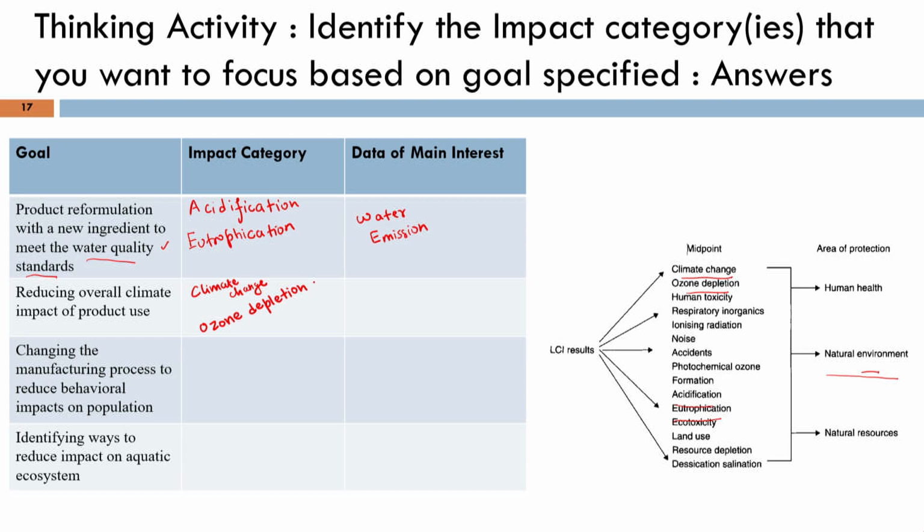The next goal is changing the manufacturing process to reduce behavioral impacts on population. This is a very important challenge, because a lot of the time we do not account for the impact of the manufacturing process on workers who are working in the factory, and that definitely affects them. So, here we are concerned about the human health impact of making that product.